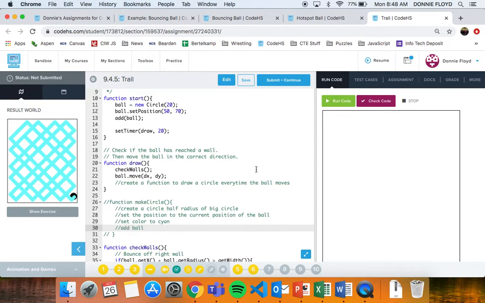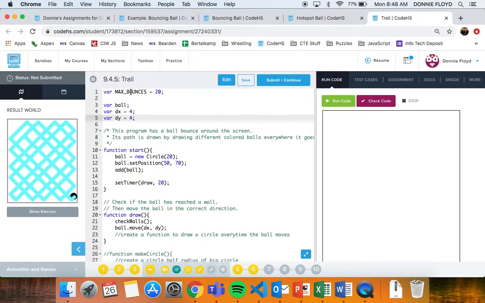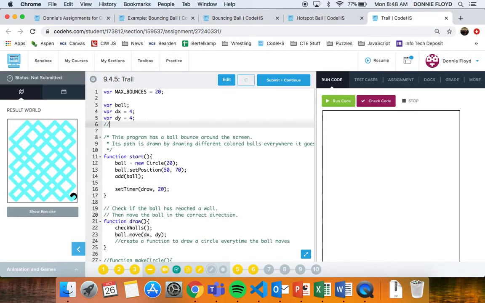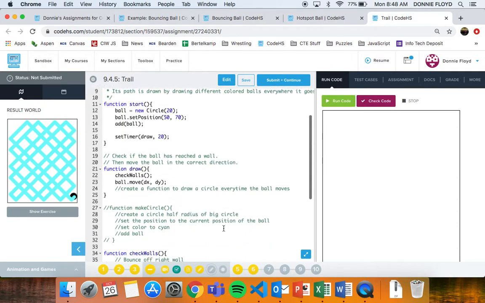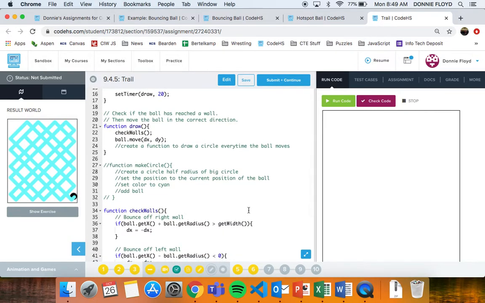Now, the part about counting the number of bounces. We know how many we're looking for, but we've got to have a counter. So create a counter. Of course, it always starts at 0 because you haven't counted anything yet. And then every time the ball actually bounces, we increase our counter.